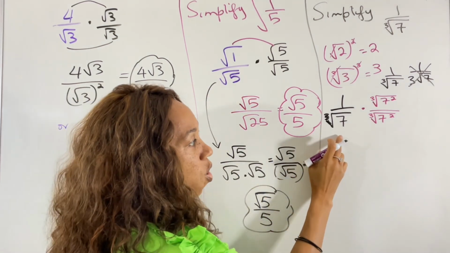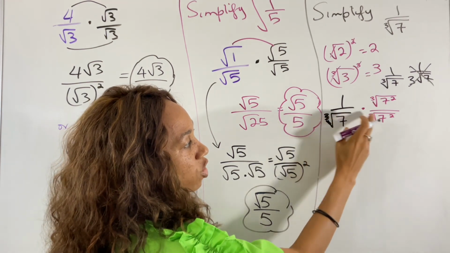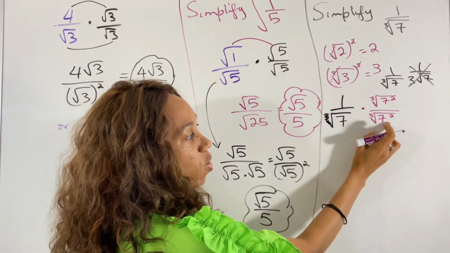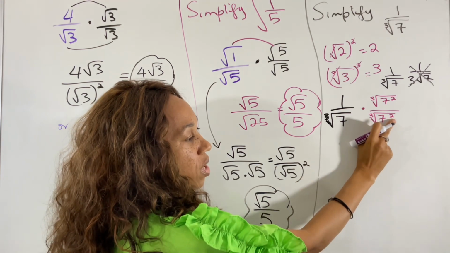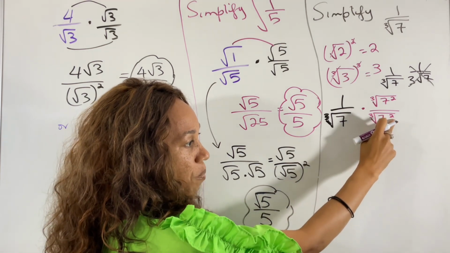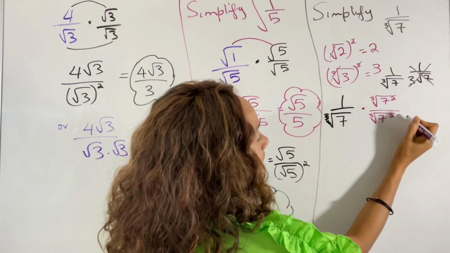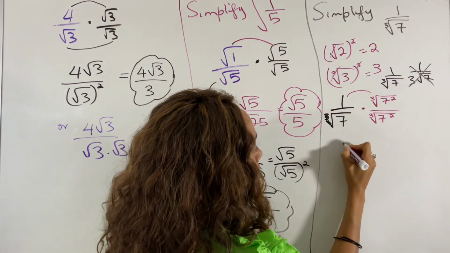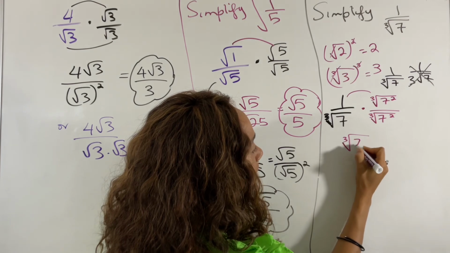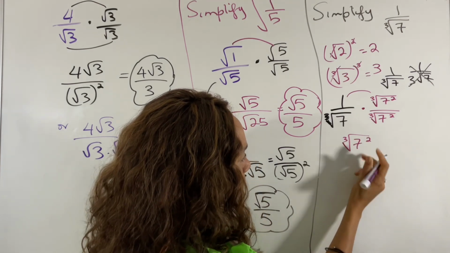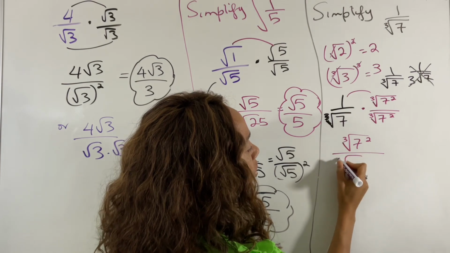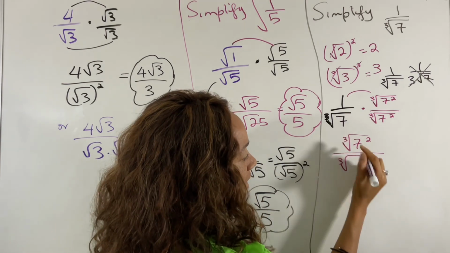But here you need this to be raised to the third power, and the only way you can do that is to multiply with the cube root of 7 raised to the second power. When you're multiplying across, you're going to get the cube root of 7 raised to the second power over the cube root of 7.